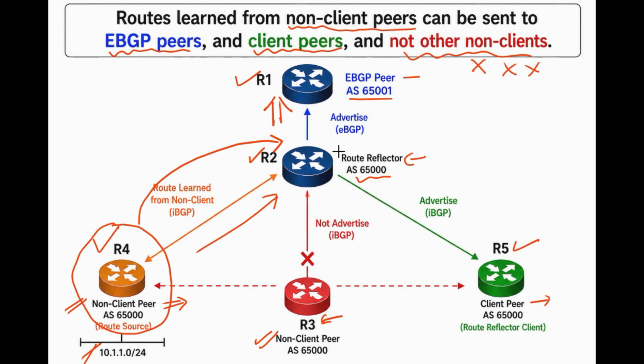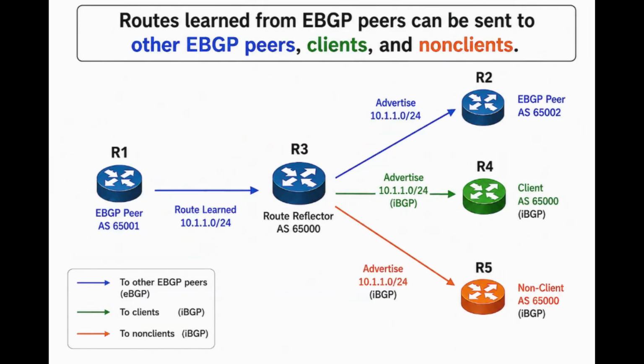It can forward to the client peer, which is R5, but it cannot forward this to the other non-client peer, router R3.